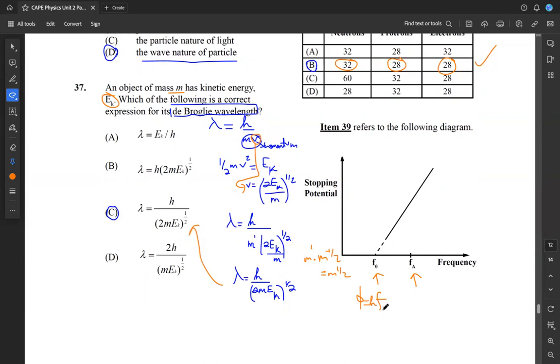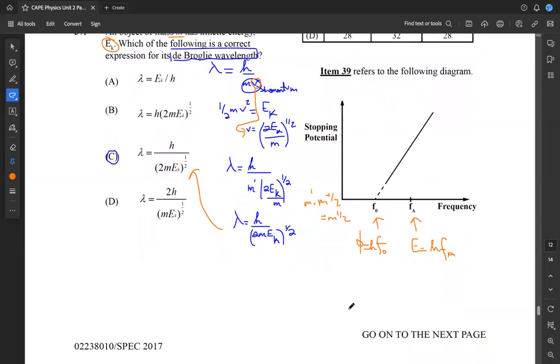So that's threshold frequency. And then this is gonna be the energy of the photon that we're throwing at the metal. So it would be E is equal to h times fa. That's the energy of a photon. And this is the work function of the metal that we're working with. And we're seeing our stopping potential here, right? So, okay, let's go down now.